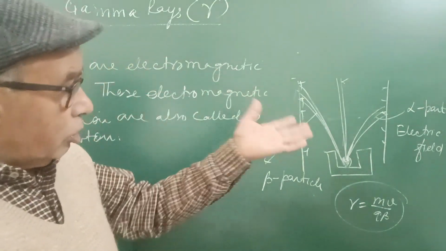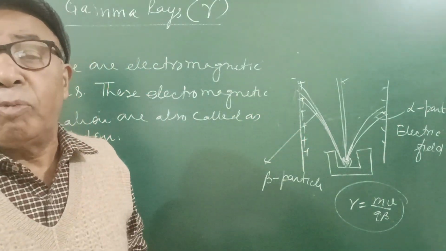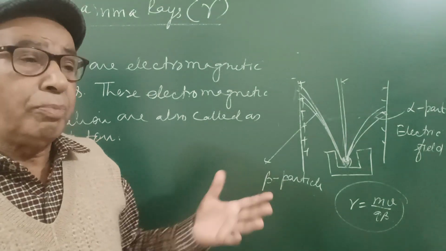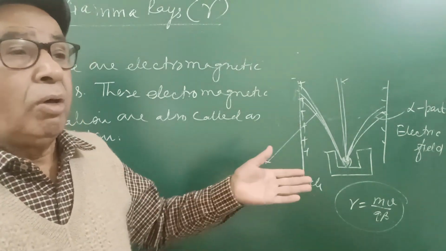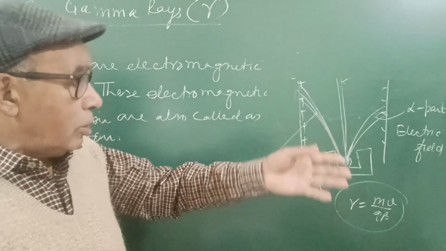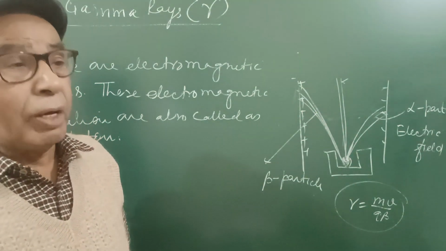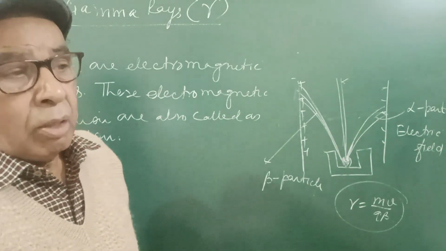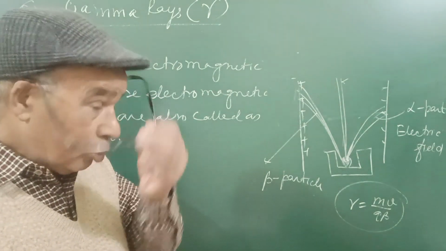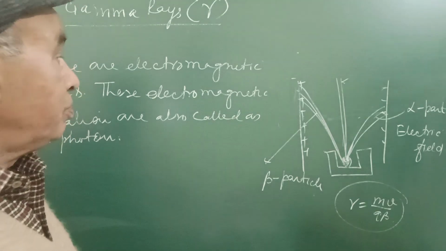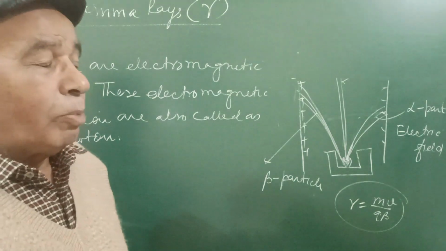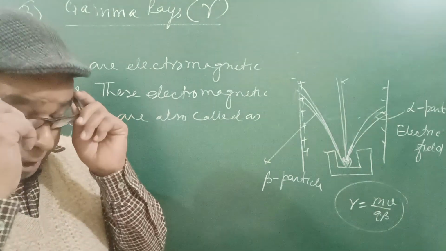Actually, all these radioactive radiations are harmful for our body, because they produce ionization. When our body is exposed to these, the atoms and molecules in the cells get ionized, so their function gets disturbed, and they produce dead cells in the body. Our body has a tendency to repair the cells.